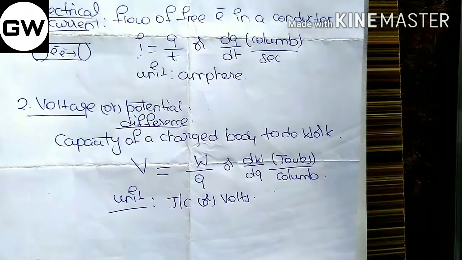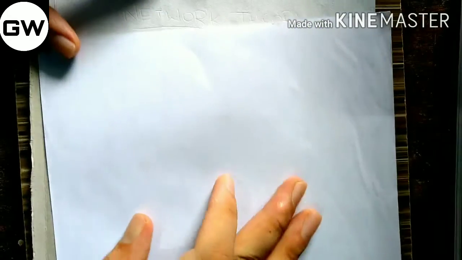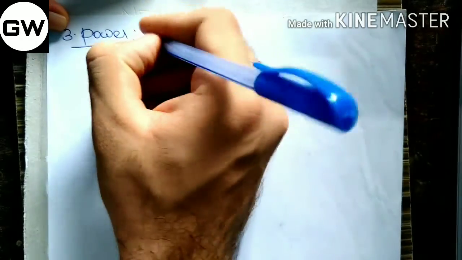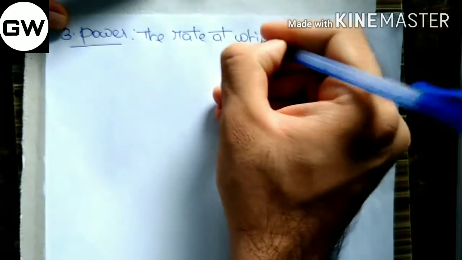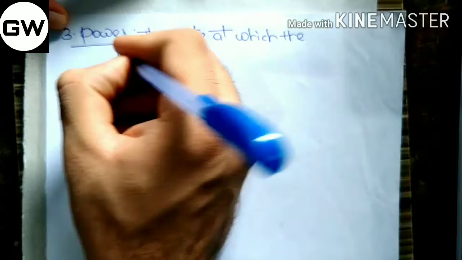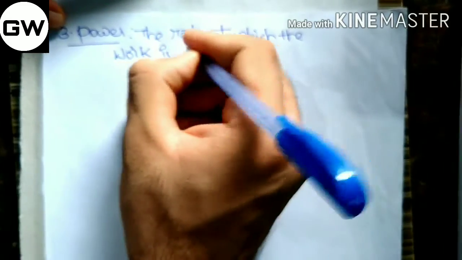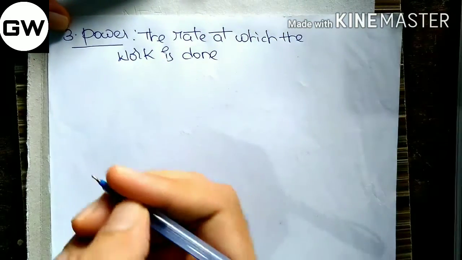The third parameter we'll be discussing here is power. It is nothing but the rate at which the work is done.